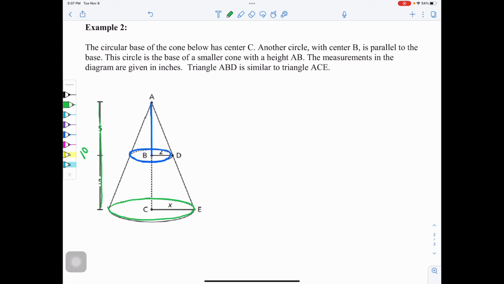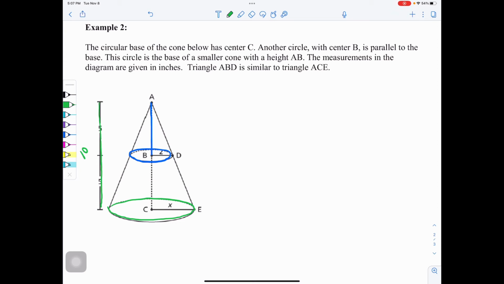So just to label some things that we see. The measurements in the diagram are given in inches, so they didn't label them in the picture, but they're telling us there. And then we have triangle ABD is similar to triangle ACE. So we're going to talk about that more coming up in the year, but I want to show you what that really tells us and how we can quickly figure out some information.